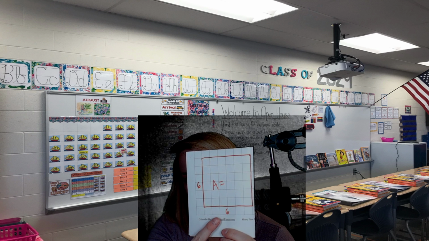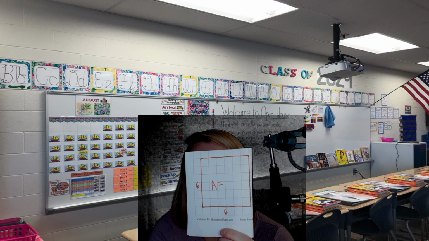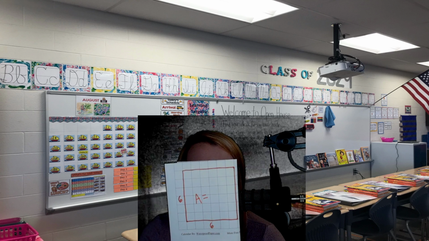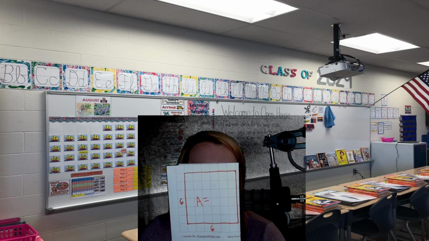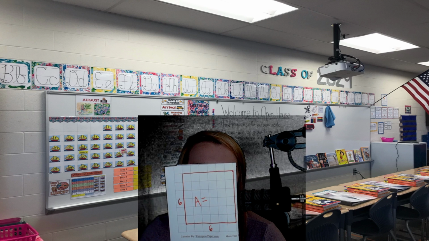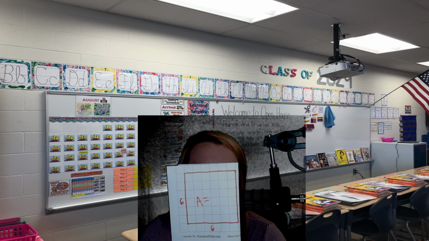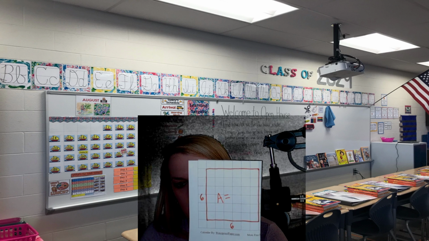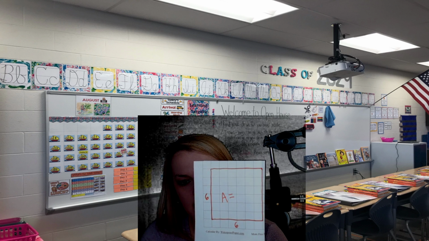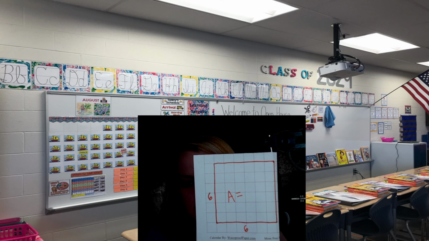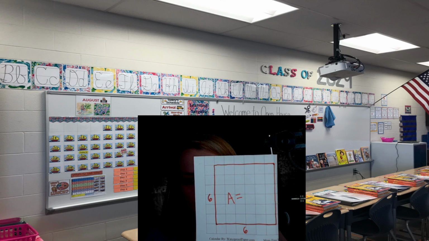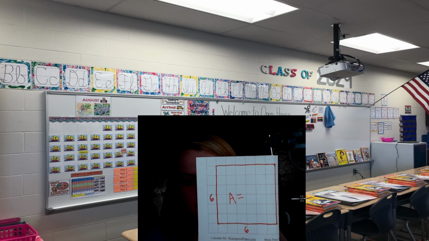What is 6 times 6? You remember? We have a rhyme that helps us if you forgot. I worked and I worked and I picked up sticks. 6 times 6 is 36. So I know the area of this square is 36 units squared, or 36 square units.